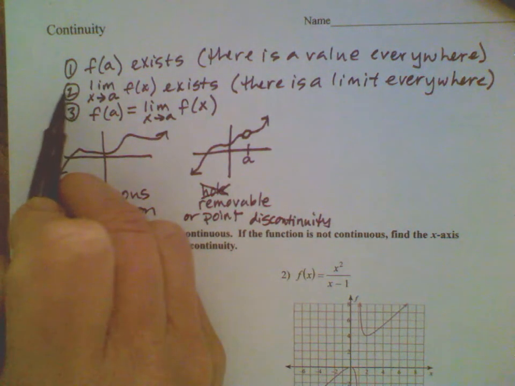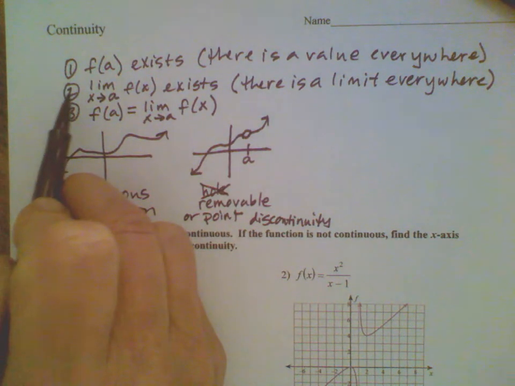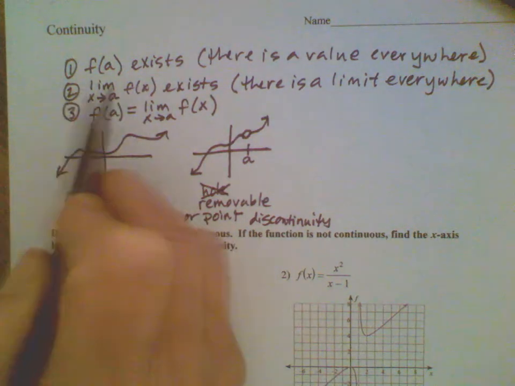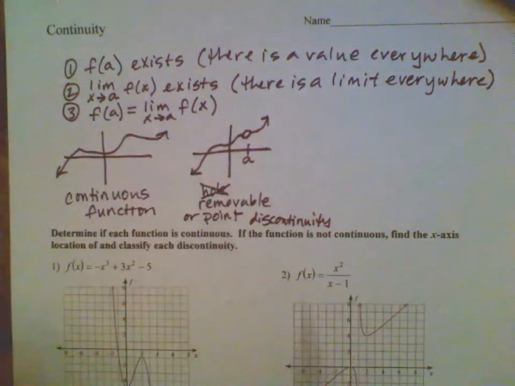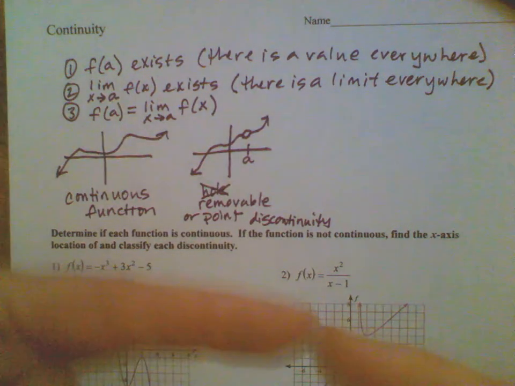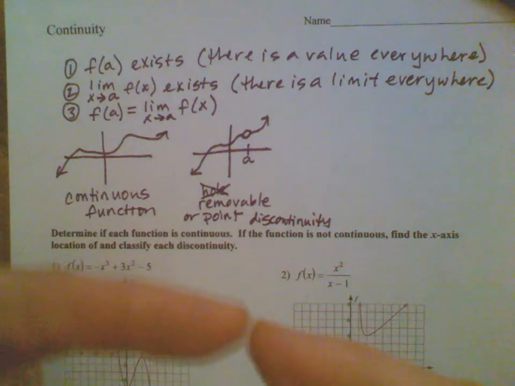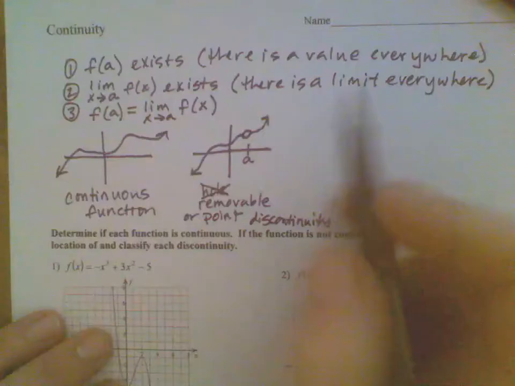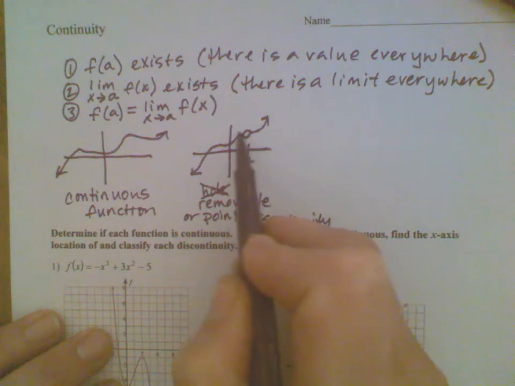I'm going to draw a picture where it doesn't have a limit everywhere. Remember, the definition of a limit is that on both sides of a particular point the graph comes together. So here the limit exists at a because on both sides of this hole the graph comes together. It's just that there's no value there.